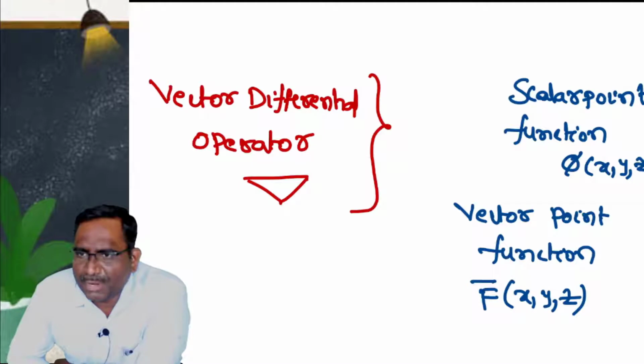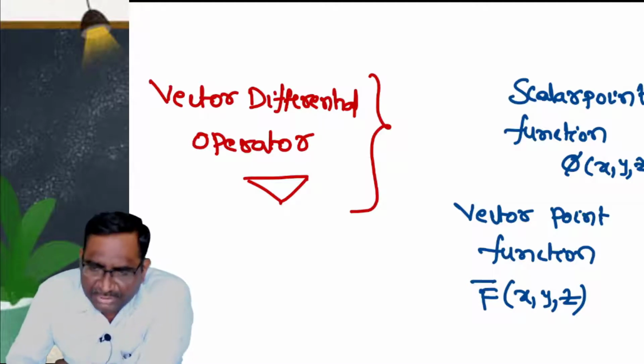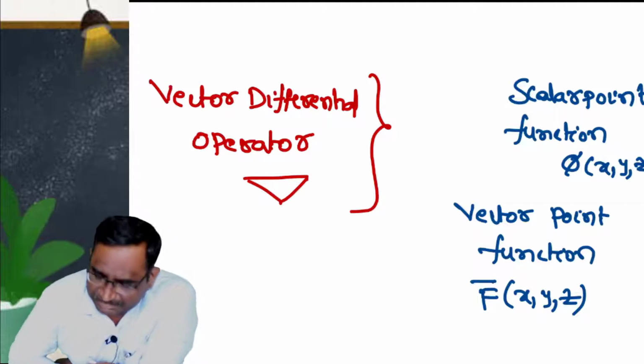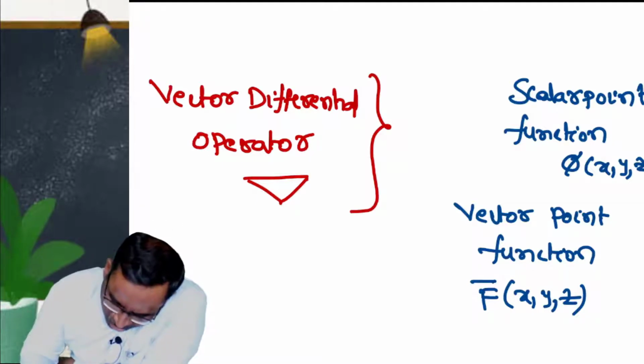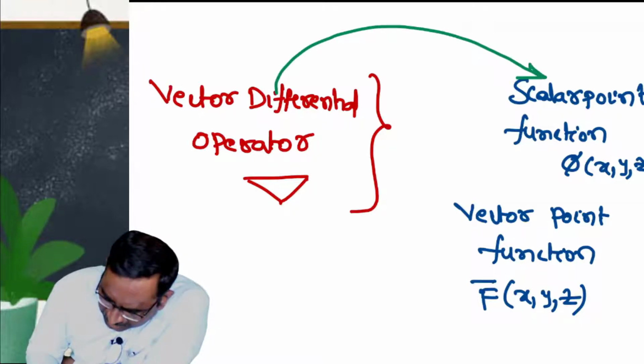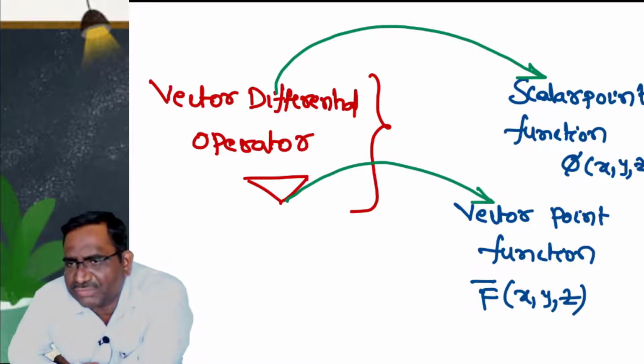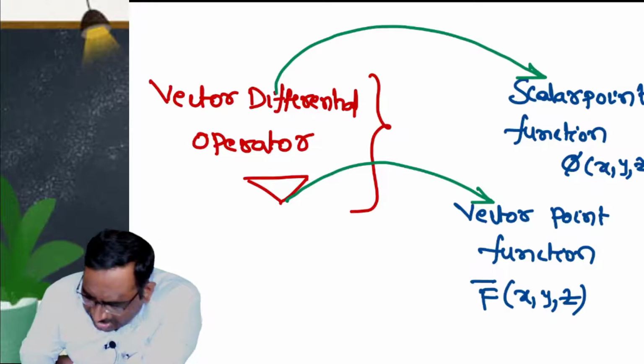So, we are having scalar point function and vector point function, and there is a differential operator. Now, we are going to apply this differential operator either on a scalar point function, or we can apply this vector differential operator on a vector point function.